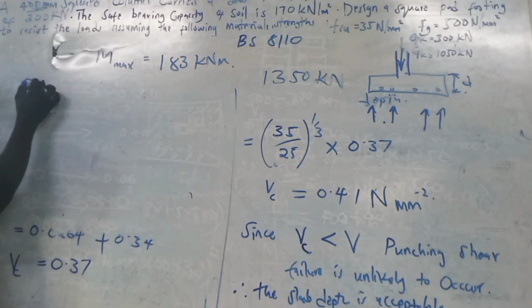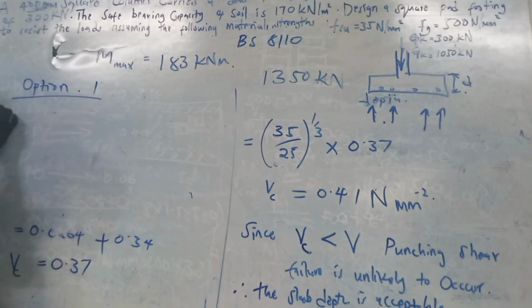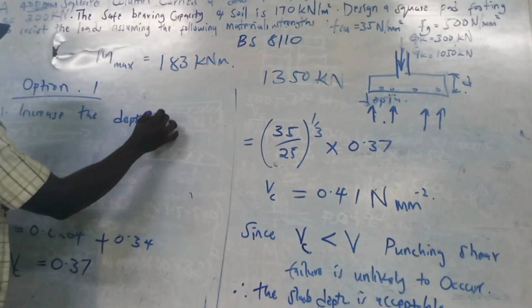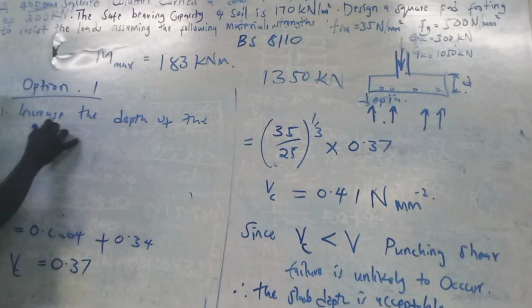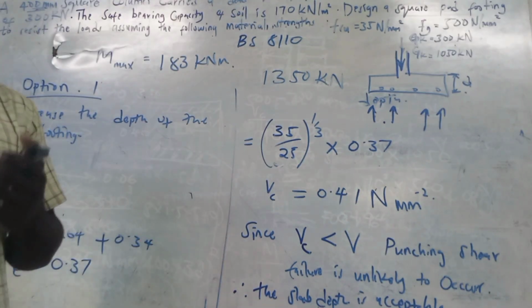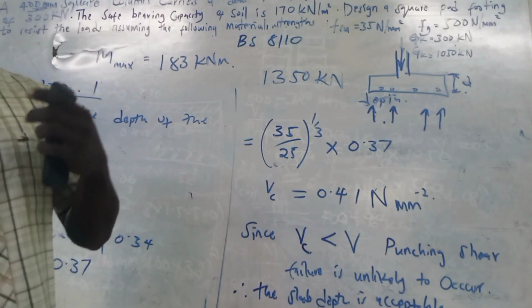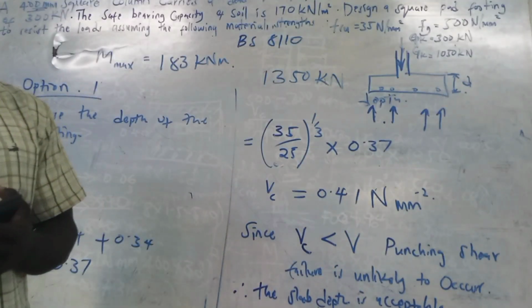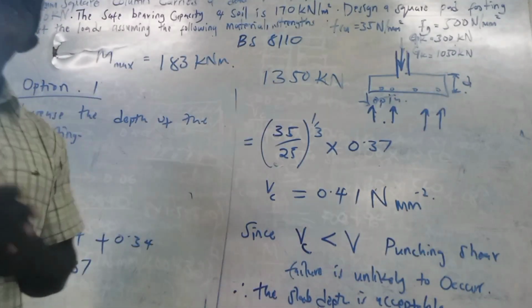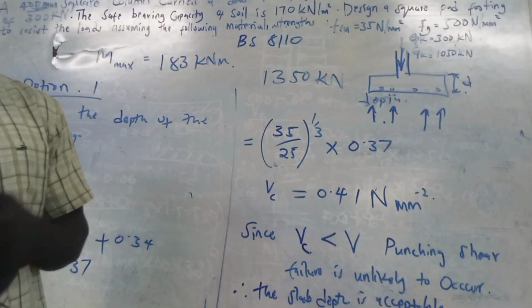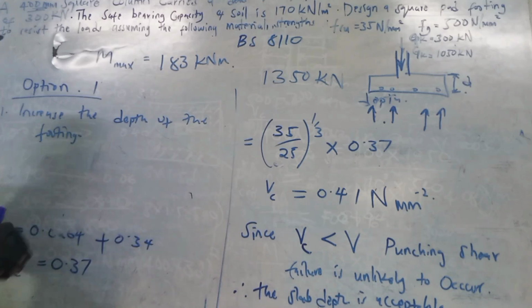So option one, increase the depth of the footing. Okay? Increasing the depth of the footing, of course, increases the critical perimeter and definitely improves the shear capacity.